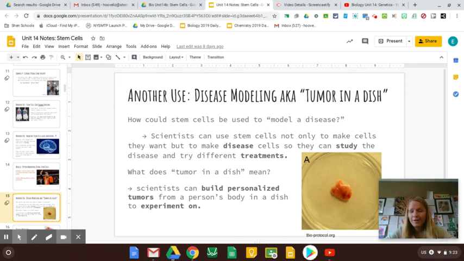So now you've essentially grown their specific lung cancer in a dish, because stem cells can become whatever you tell them to. You tell them to become this tumor by taking out samples of the tumor.